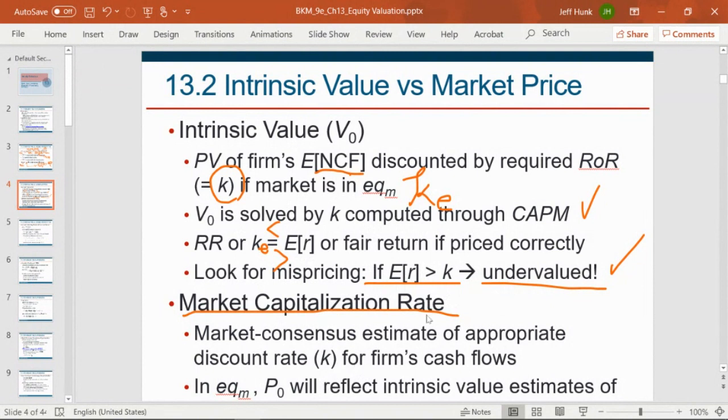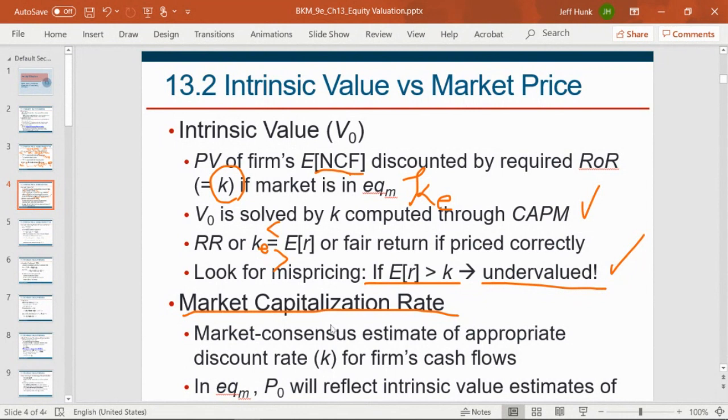So it's a discount rate. In principle, if the market is in equilibrium, they are all the same, right? The only reason I'm bringing up market capitalization rate here is because of the word market capitalization. Because market capitalization means what? It's market price of the stock multiplied by the number of stocks outstanding, right?